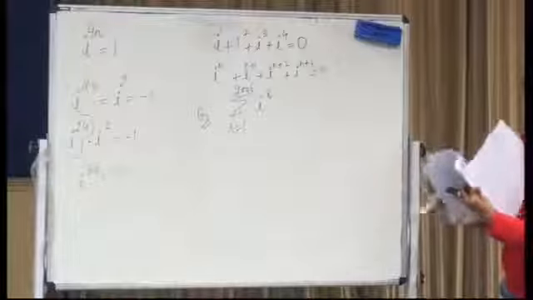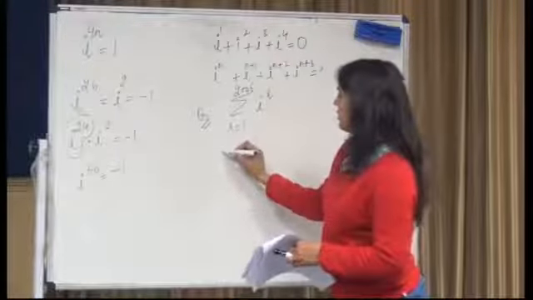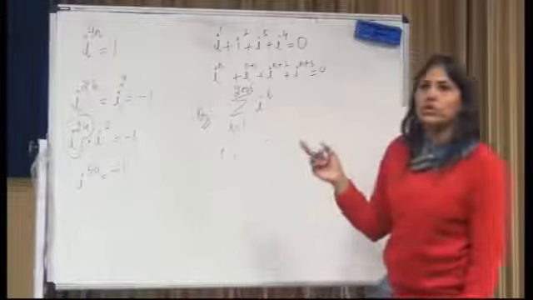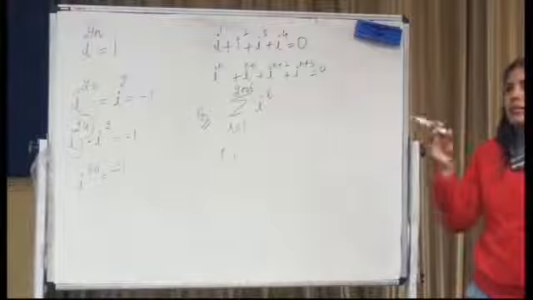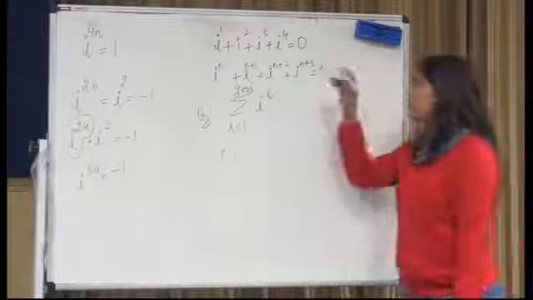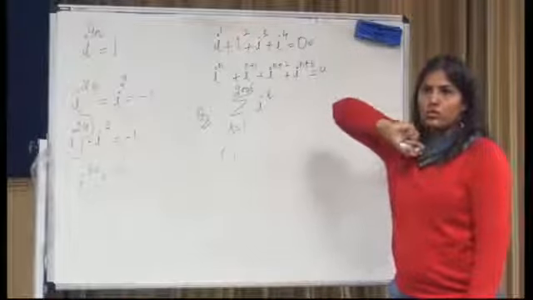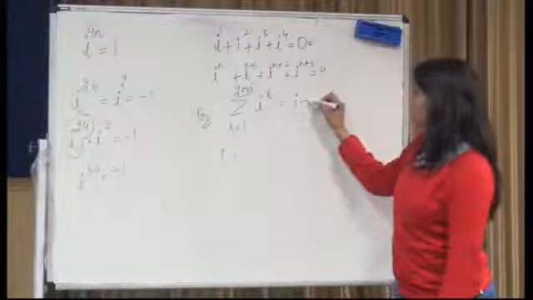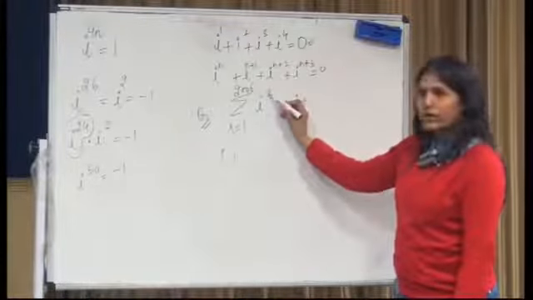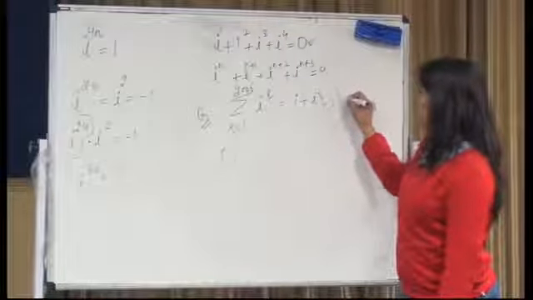I think now you can calculate this sum easily. In this question, you made 4-term groups, and then you leave the rest. If you start r from 1, the first group is iota, iota square, iota cube, iota 4.